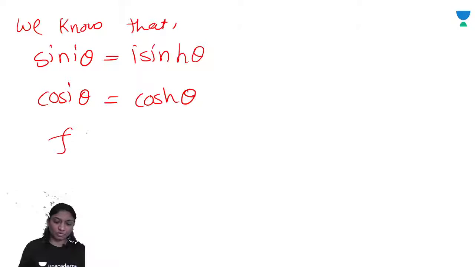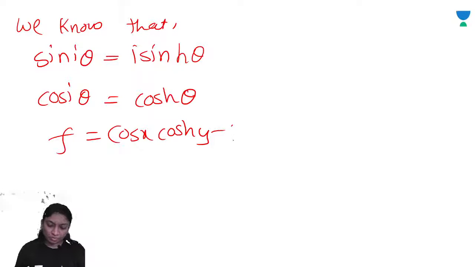So f is equal to cos x into cosh y minus i into sin x into sinh y, right?